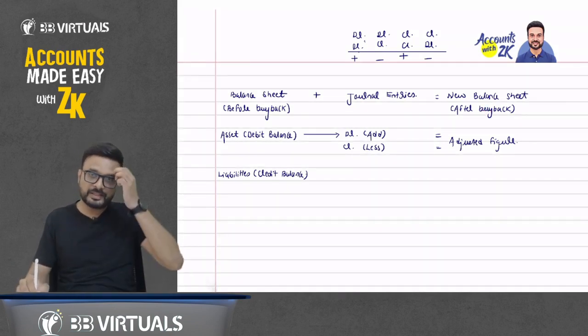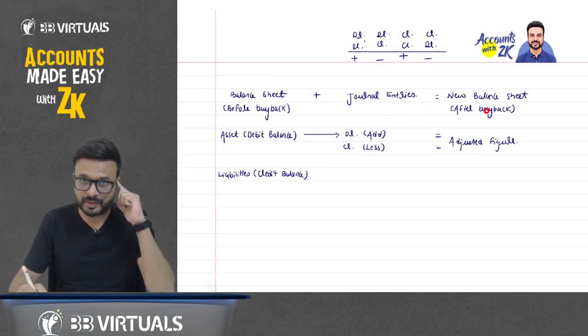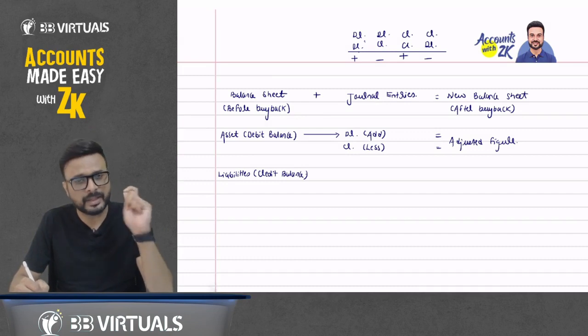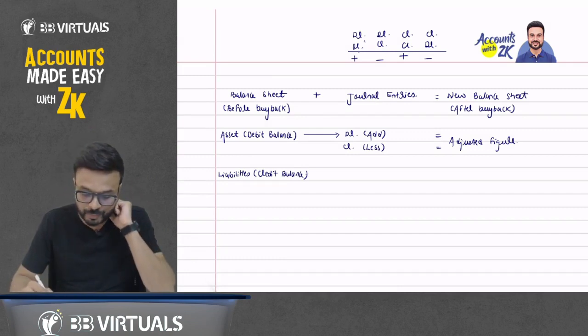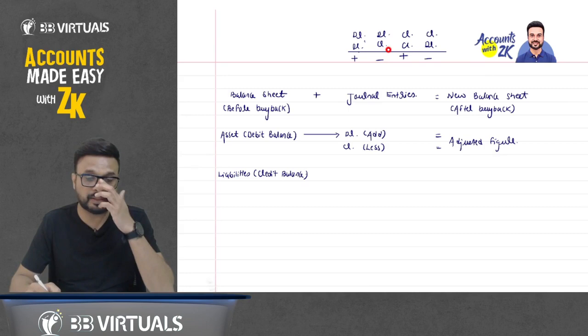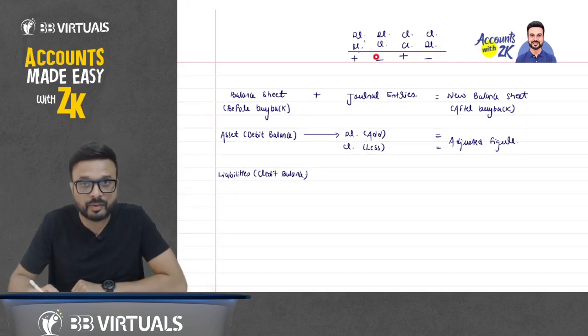So it is very easy to pass journal entries. But when we prepare the balance sheet, after solving some questions, you will be familiar with it and it will be easy for you. First remember one thing: asset has debit balance, so if you have debited in the journal entry, debit plus. If you have credited it at the time of adjustment, debit, credit, we do minus.